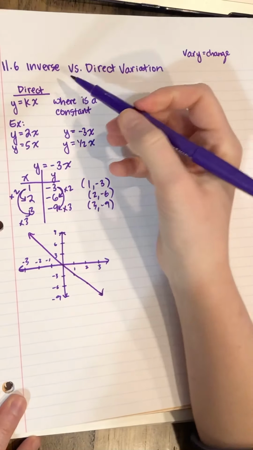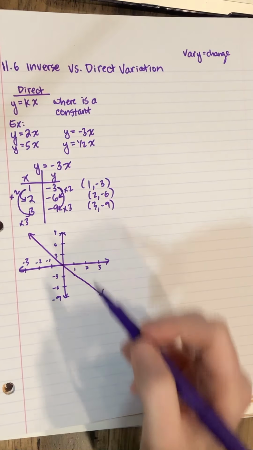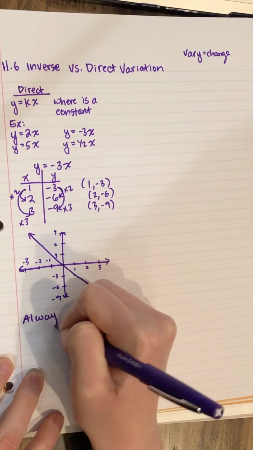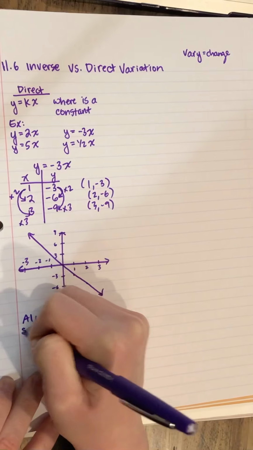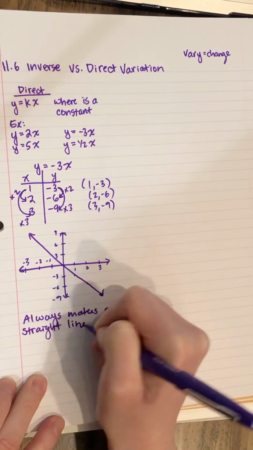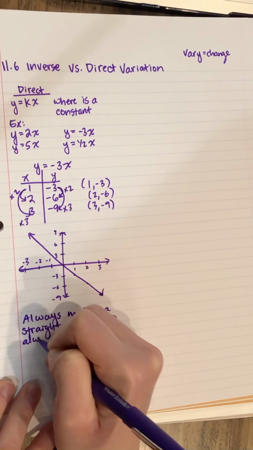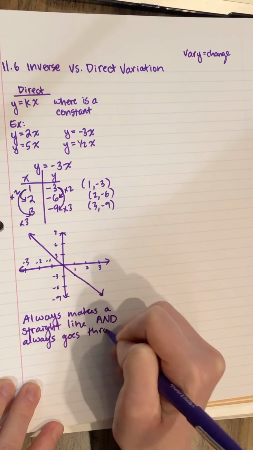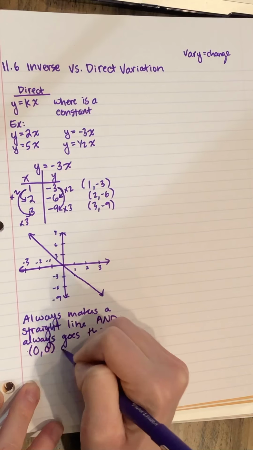You will know something is direct variation by looking at the graph, because direct variation always makes a straight line and always goes through the origin, which is the point 0, 0.